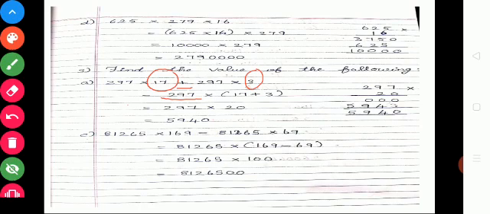First, what do you want to do? Solve in this bracket. So 17 plus 3 is 20. Now multiply 297 into 20. So 297 into 20, your answer is 5940.